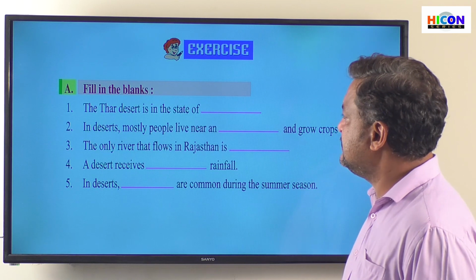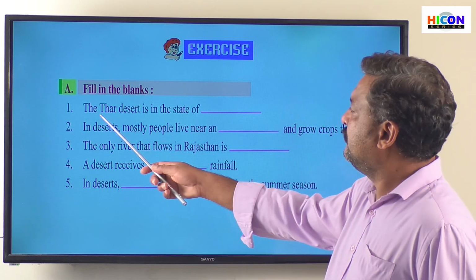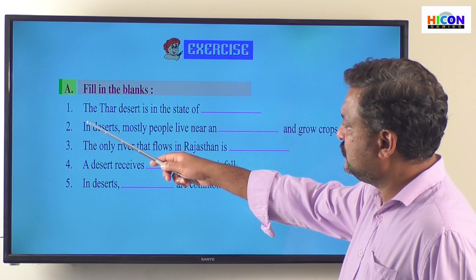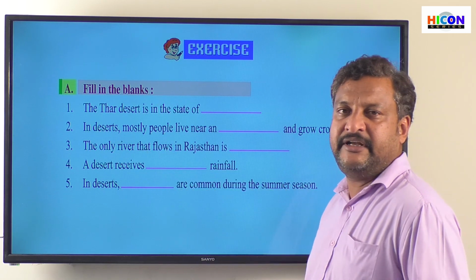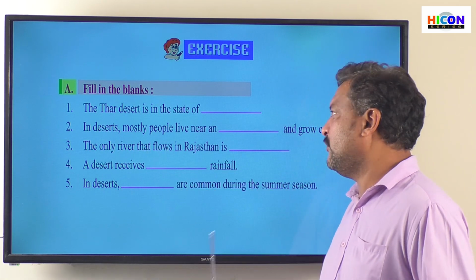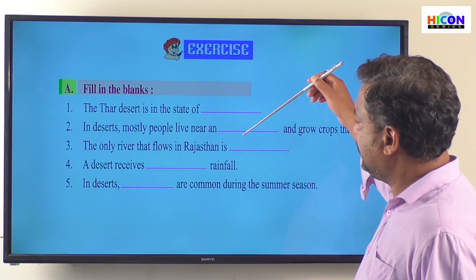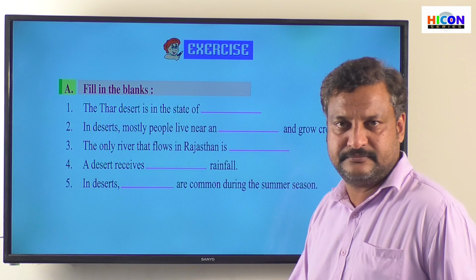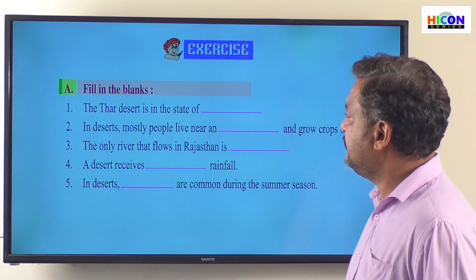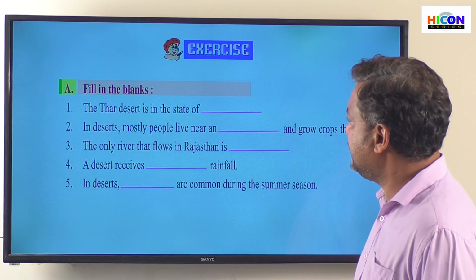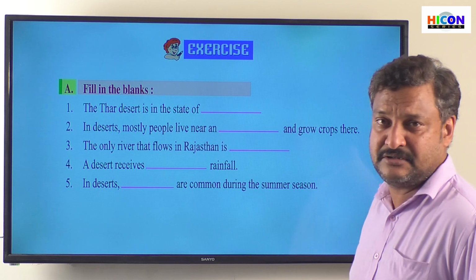There are five sentences here: 1, 2, 3, 4, 5. We need to check what we have learned about the blanks mentioned there.